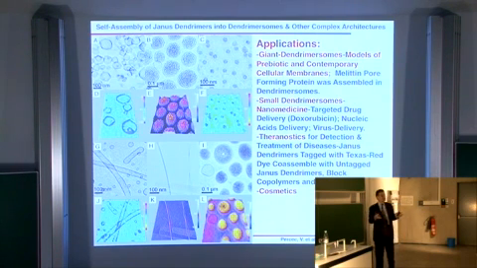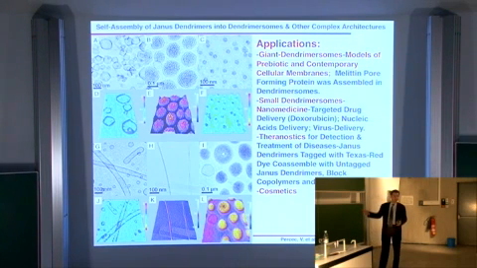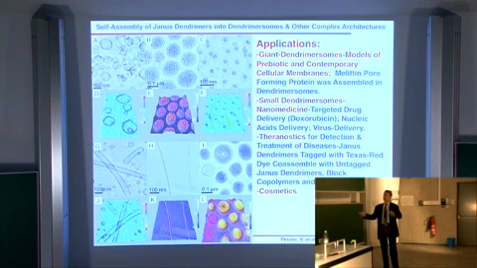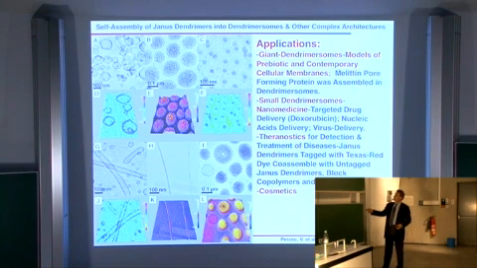You can functionalize their periphery with a large variety of functional groups, and that provides access to nanomedicine, particularly not only the delivery of drugs, but also what is called theranostics, that is detection and treatment of diseases via these molecules, because you can visualize the cells and deliver immediately to the cell.